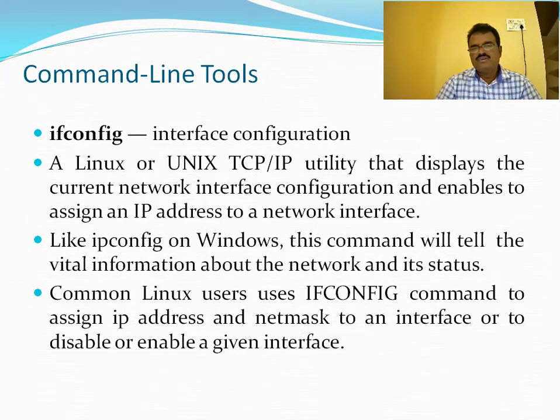Like ipconfig on Windows, this command will tell the vital information about the network and its status. Linux users commonly use the ifconfig command to assign an IP address and net mask to an interface or to disable or enable a given interface.